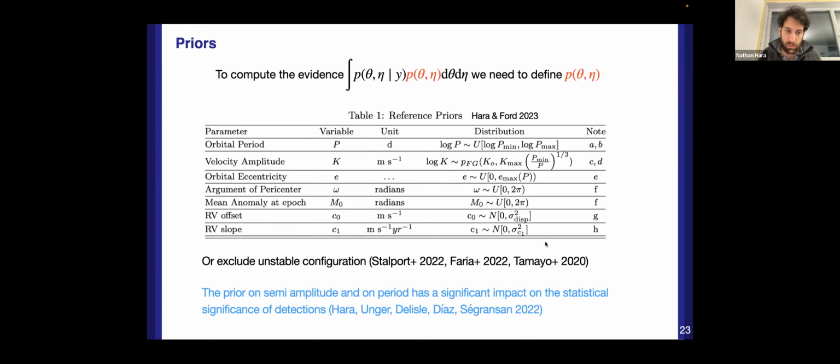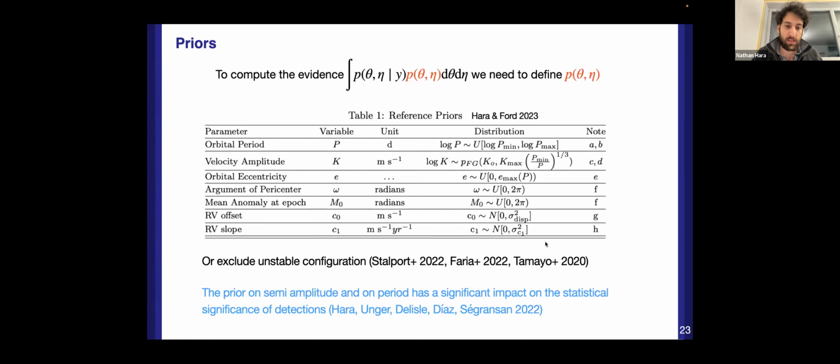And here my conclusion, the personal conclusion at least, is that the prior on the semi-amplitude and on the period have a particularly significant impact on the statistical significance of low amplitude planets. And it's really not surprising, because if you expect that there are small planets, then your prior is going to push the detection of the small planets, because at this level, the likelihood is not very constraining. You will see the prior information.